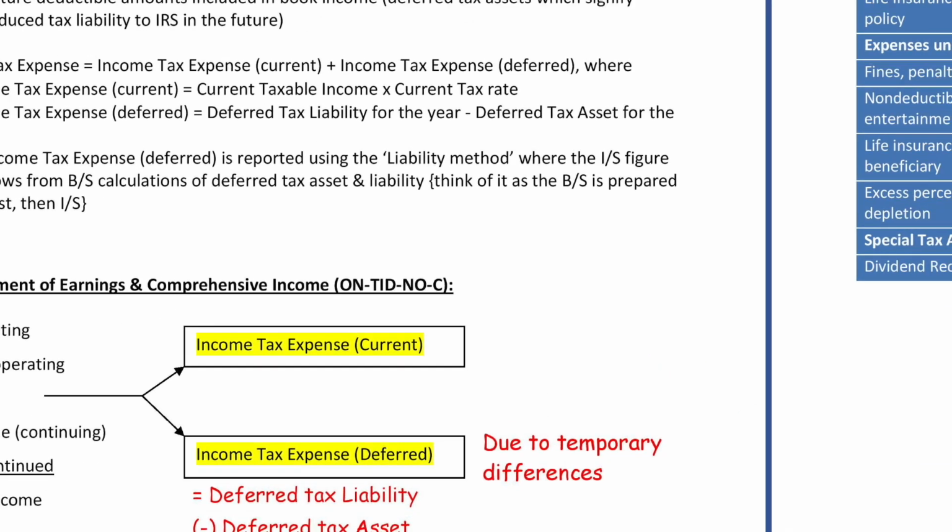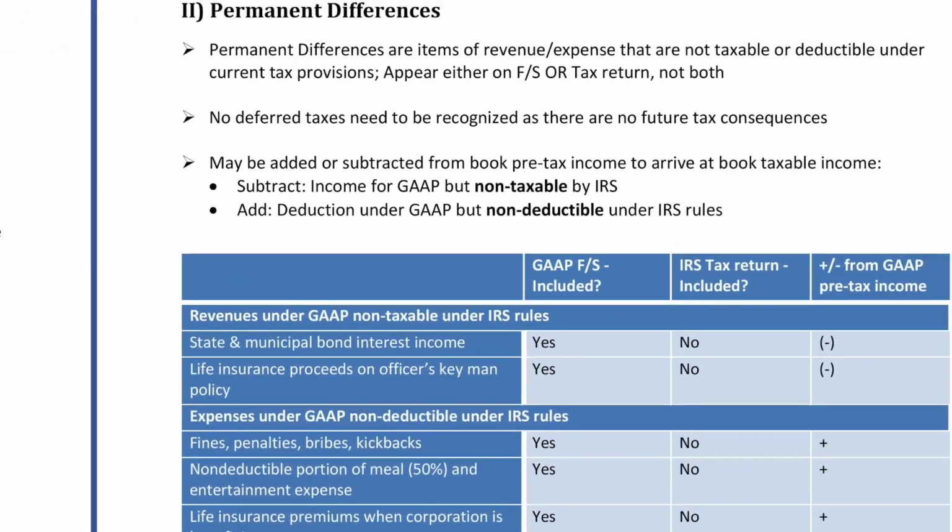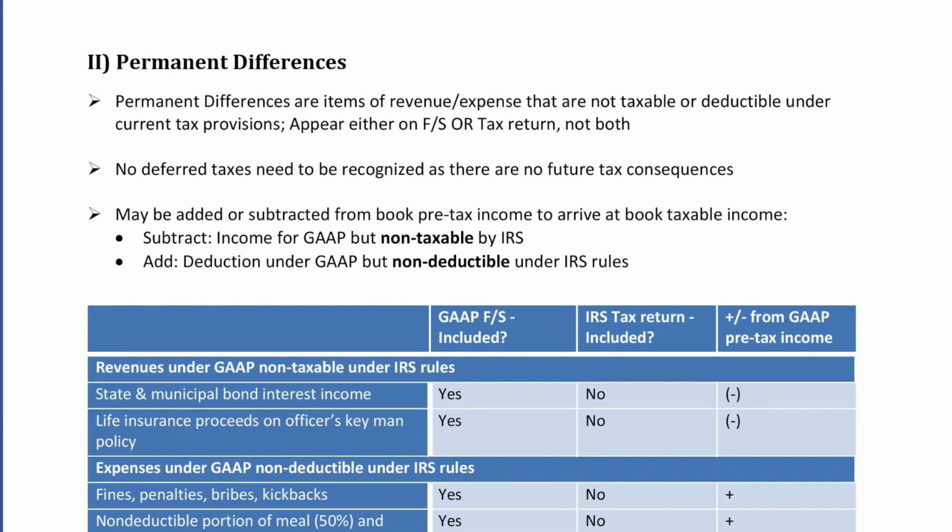Moving on to page 3, we're talking about permanent differences between the financial books and the tax books. Now this means no tax impact later and no deferred taxes. We just saw deferred taxes are due to temporary differences, differences which would reverse over time. Permanent differences would never reverse.